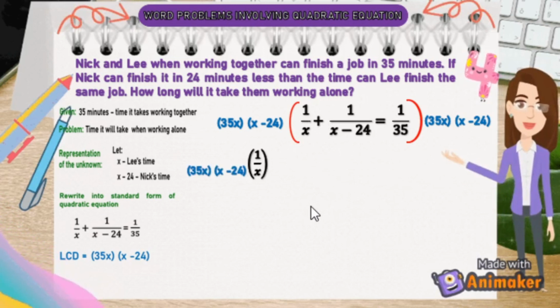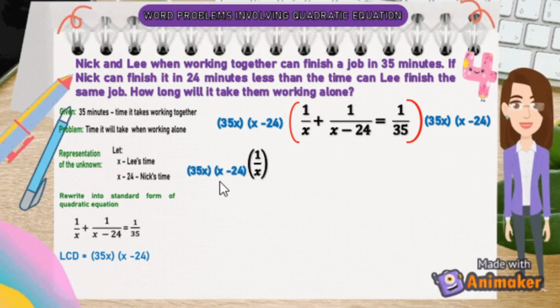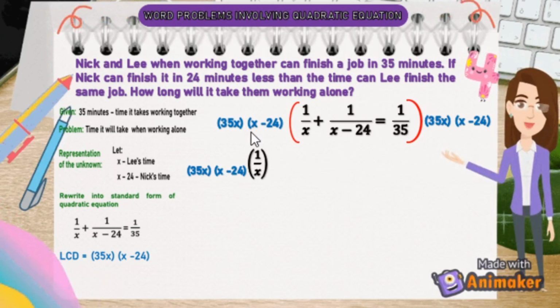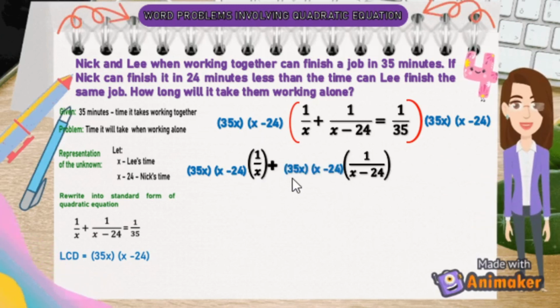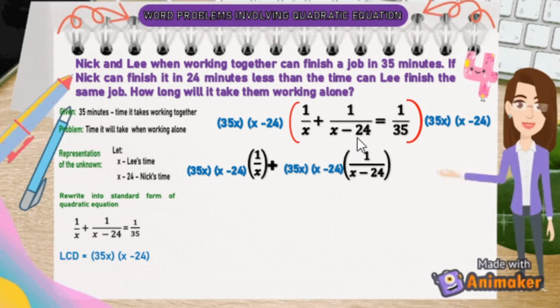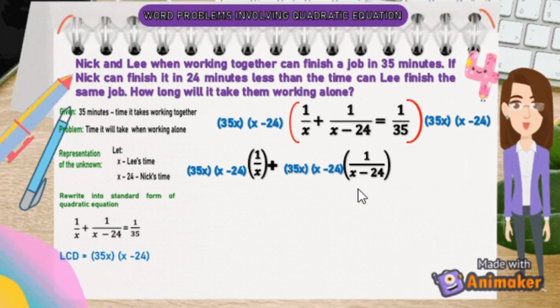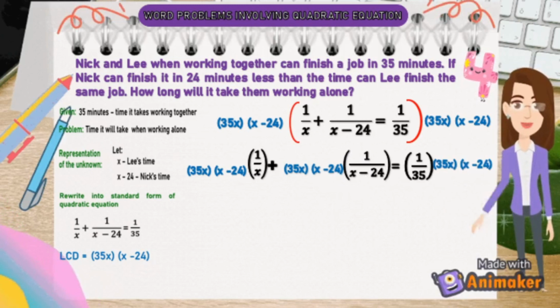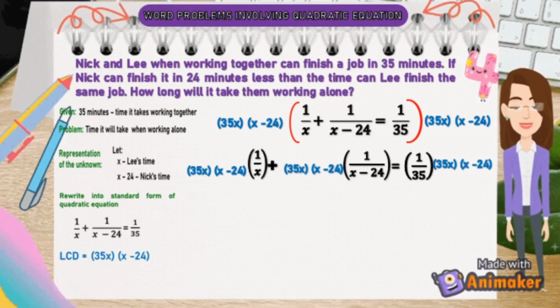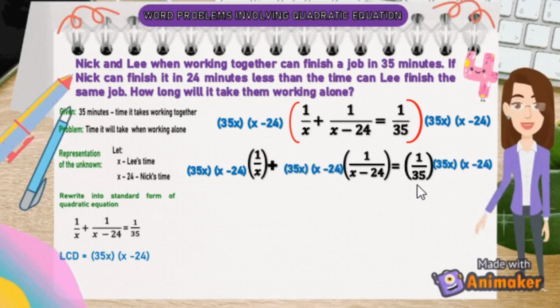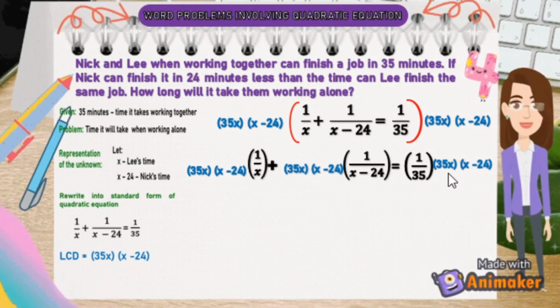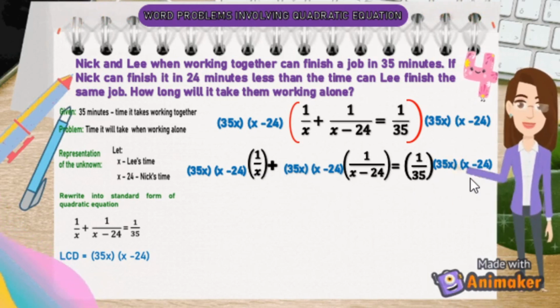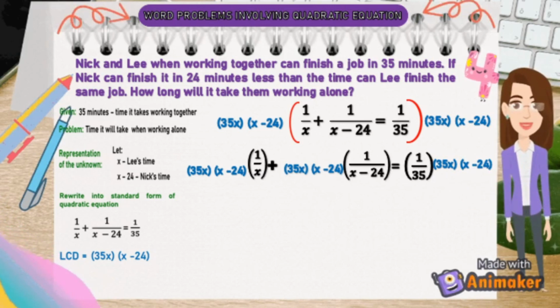So, one by one: 35x times x minus 24 times 1 over x, plus 35x times x minus 24 times 1 over x minus 24, is equal to, on the right side of the equation, 1 over 35 times 35x times x minus 24.